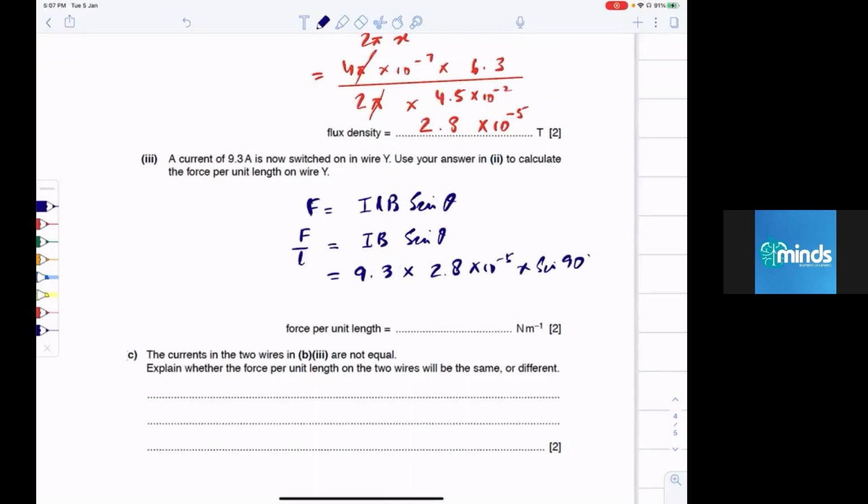If I simplify this, am I getting 2.6 exponent minus 4? Yes, sir. I believe all of you are getting this answer, and this is force per unit length, so its unit should be Newton per meter. Is it clear till here?